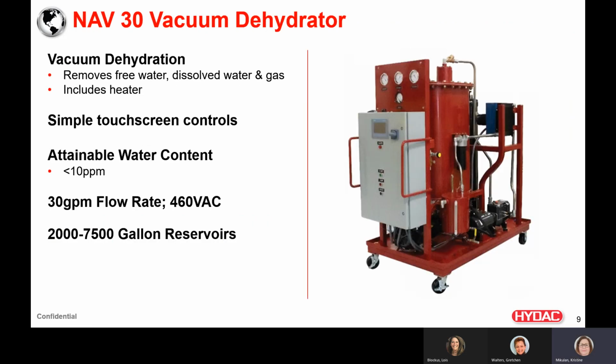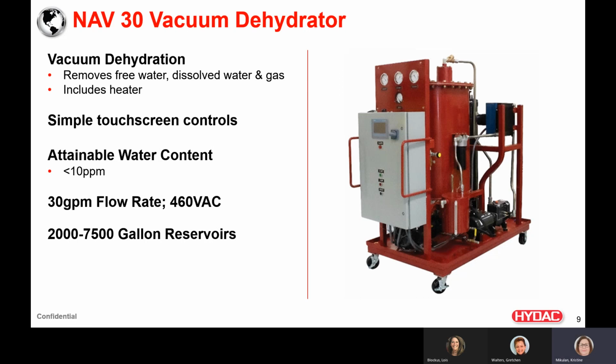Now our NAV30 vacuum dehydrator, this is our North American vacuum dehydrator. This is a newer product for Hydac where we have taken vacuum technology using USA components. The vacuum dehydrator will remove free and dissolved water as well as dissolved gases that are in the oil. It does include a heater option.